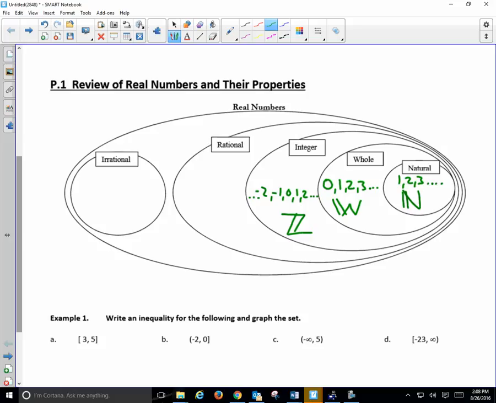Okay. Now we have rational numbers, and the root word here is ratio or fraction. So can you give me an example of a rational number? 1/2. -5/7. 10/5.